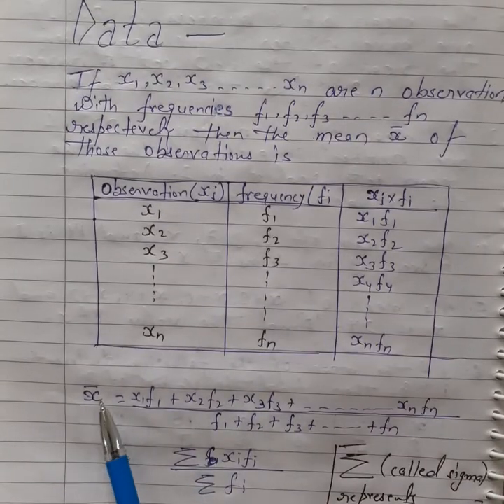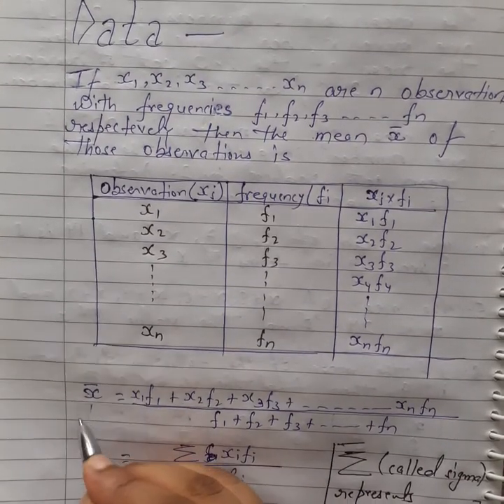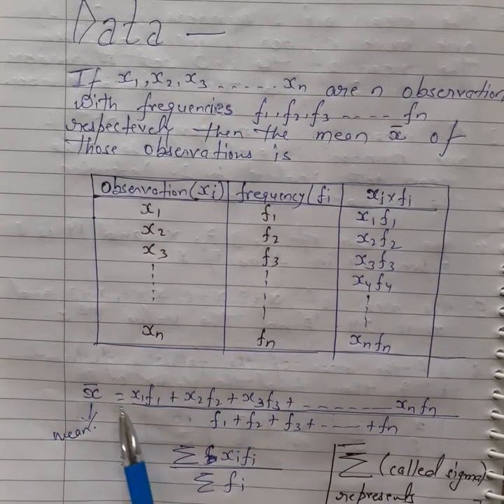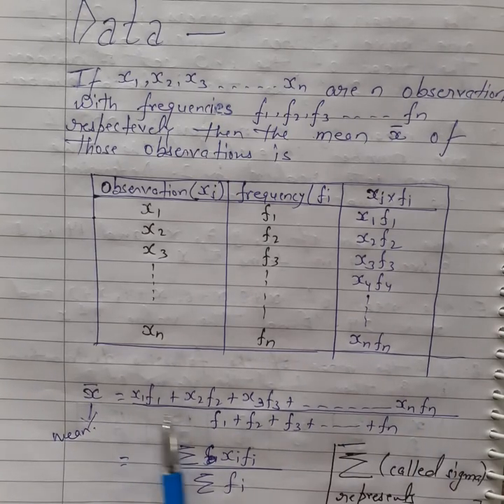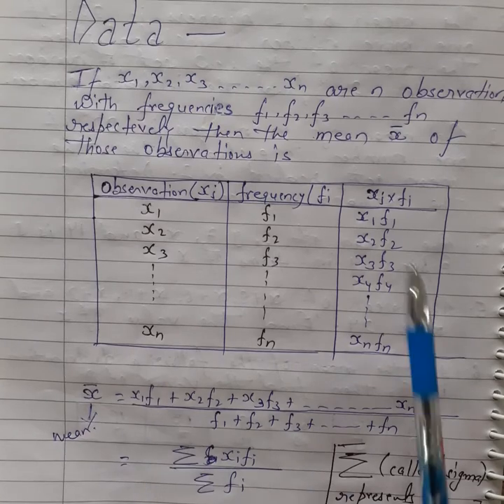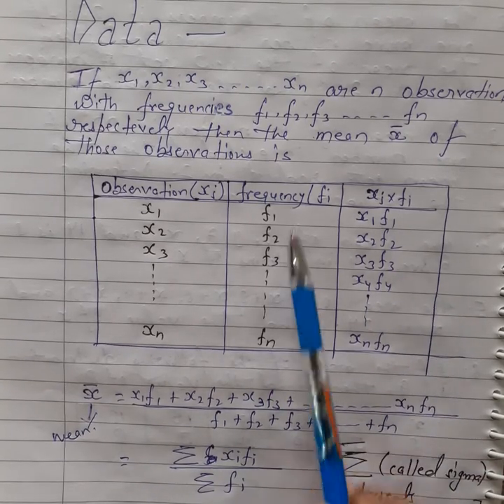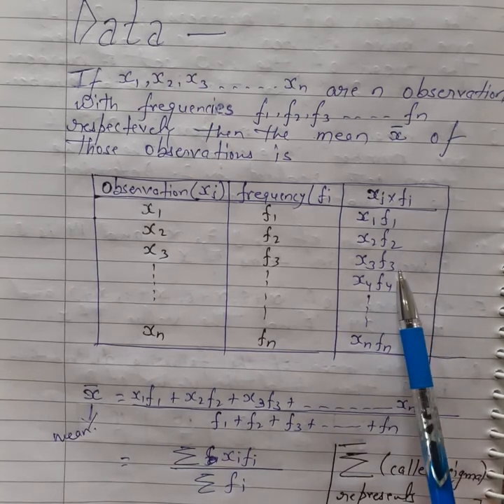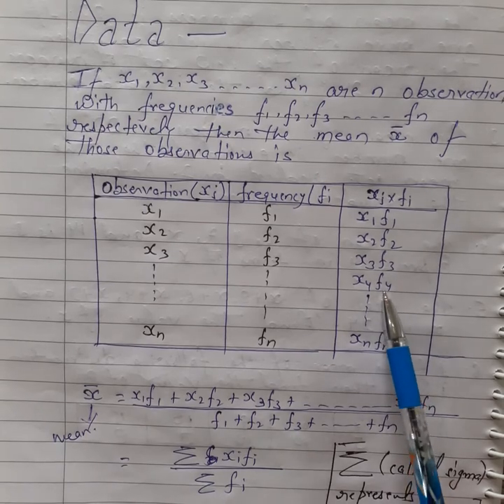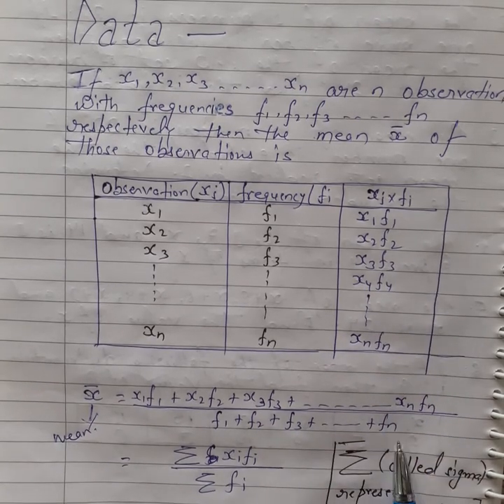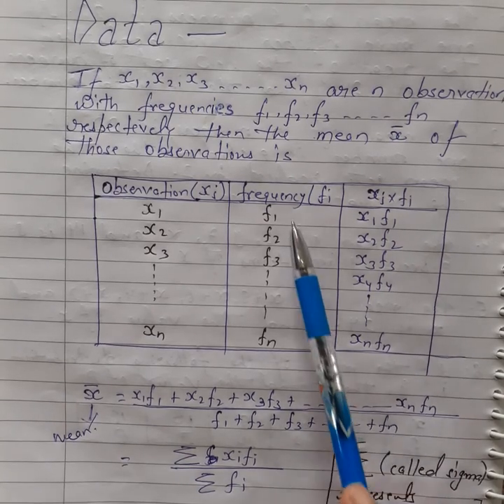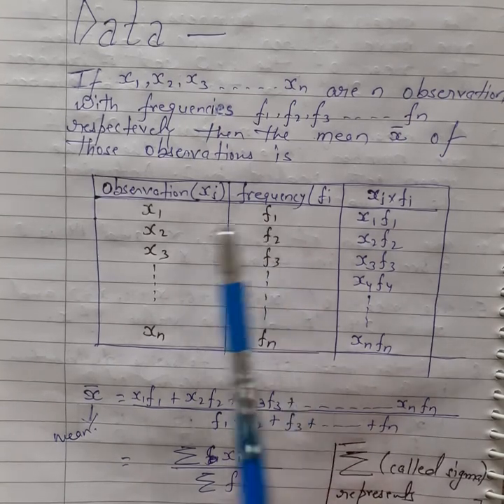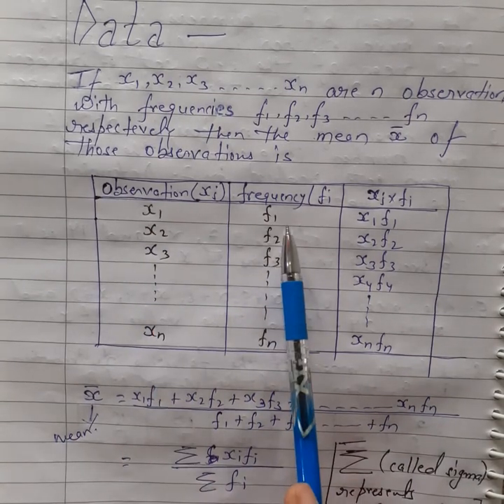Now we know that the mean, x bar, is equal to the sum of observations divided by the number of observations. Here the sum of observations becomes x1 f1, x2 f2, x3 f3 up to xn fn, and the number of observations is equal to f1 plus f2 plus f3 and so on. Frequency f1 means x1 occurs f1 times.